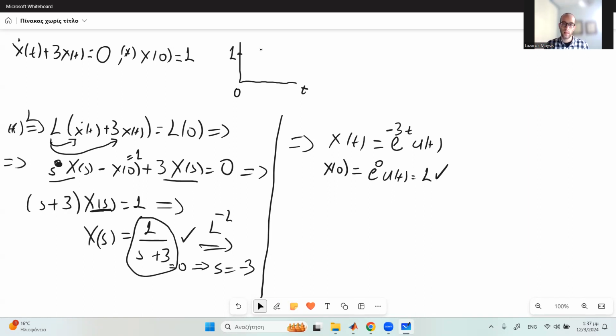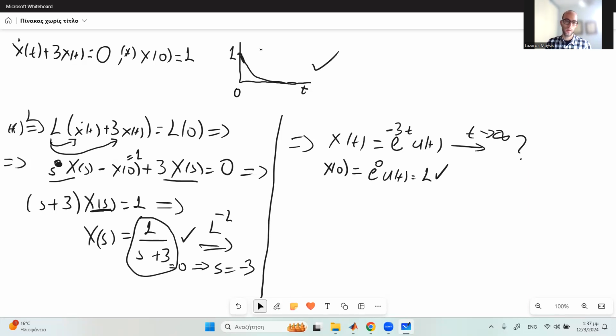Okay, and how does this function behave as time goes to infinity? Well, this is very easy to understand. This is just a simple exponential function. We don't have any oscillations here, so it simply goes to 0 steadily but surely, right? So this is a solution.